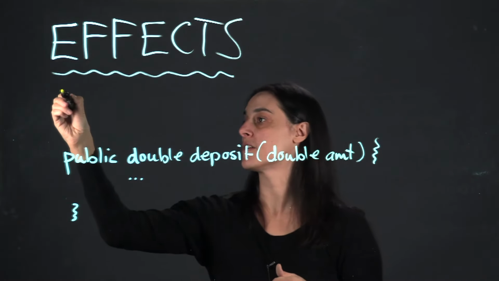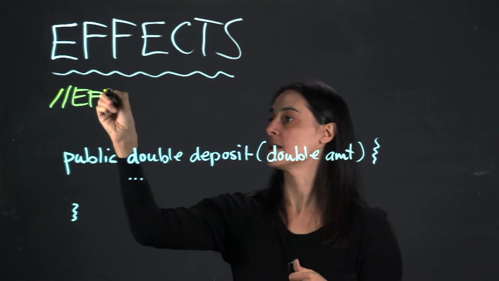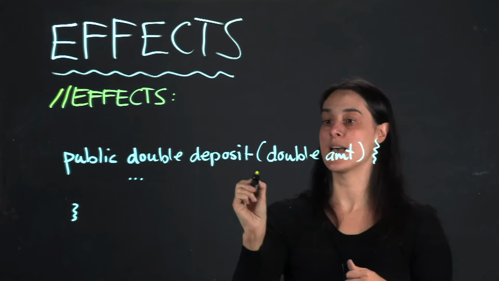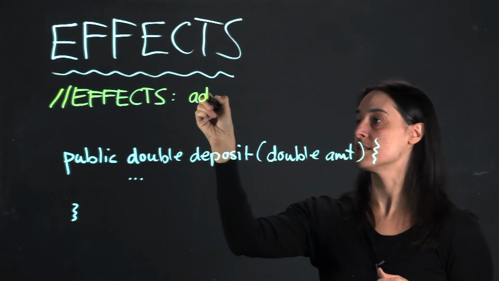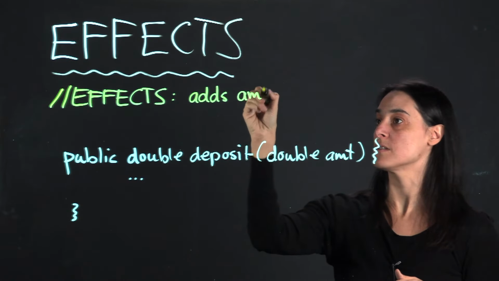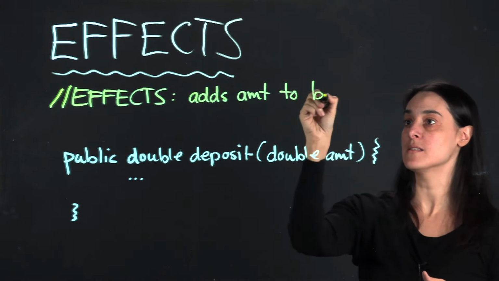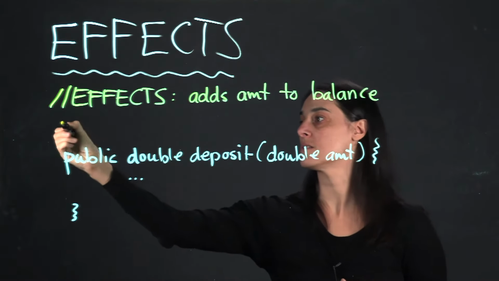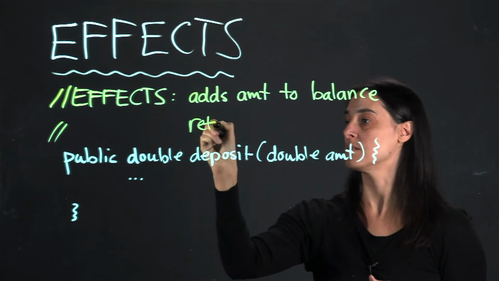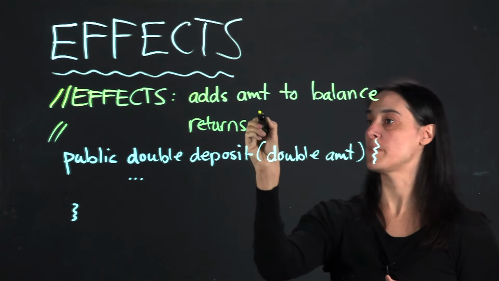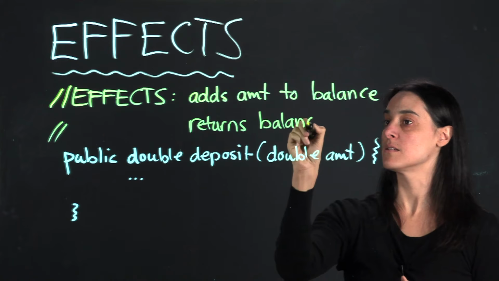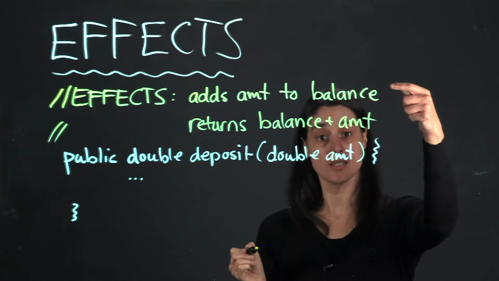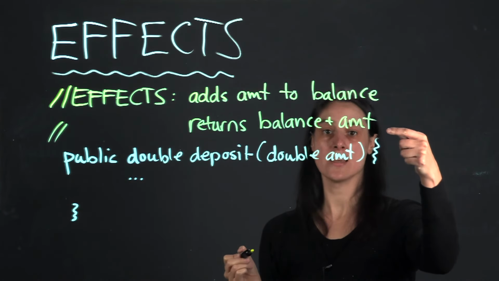So we write the word effects in a comment, and we say adds amount to balance and returns balance plus amount. So it actually increases the balance and then it returns.